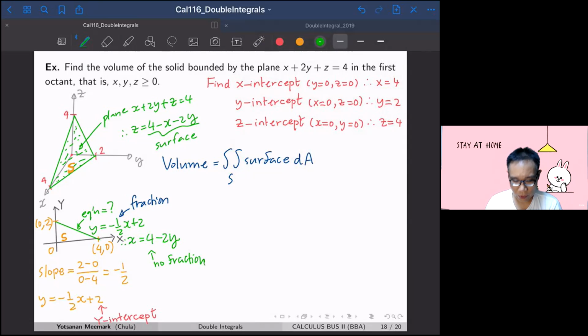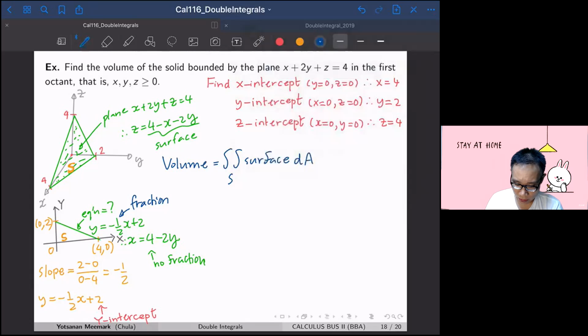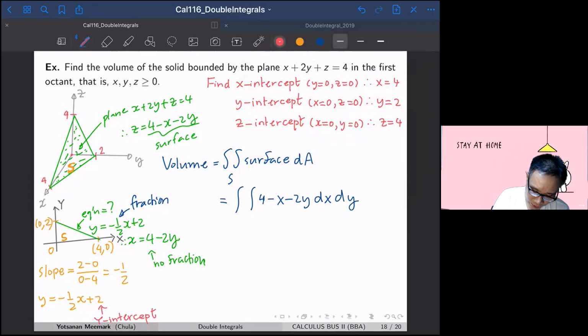So the volume that you're going to have is your surface, which is 4 minus x minus 2y, and you're going to have dx dy. If you have dx dy, you have x run first.